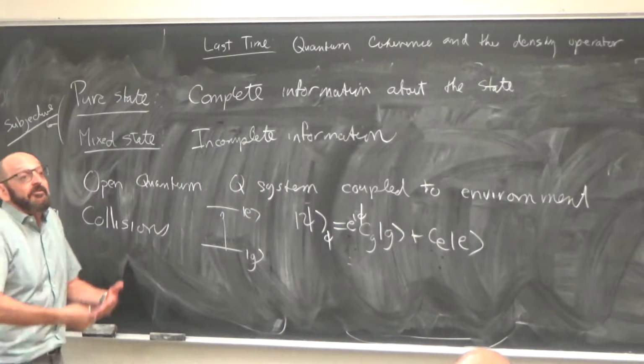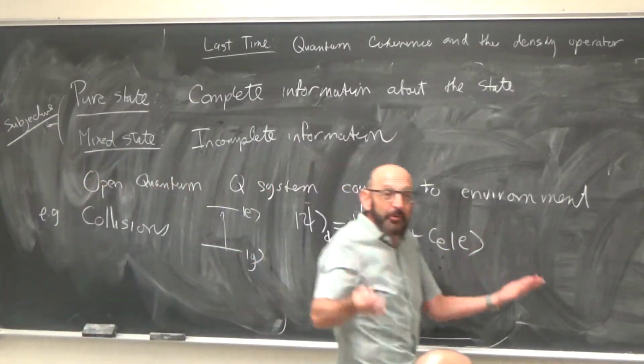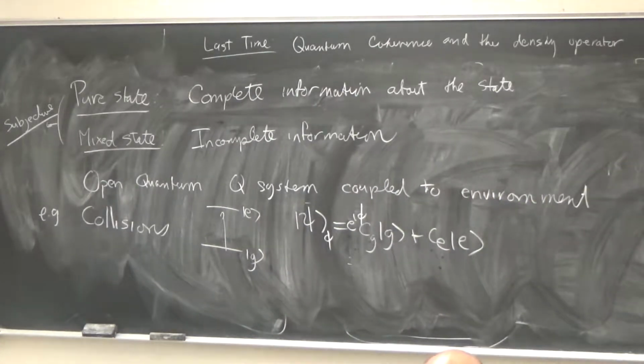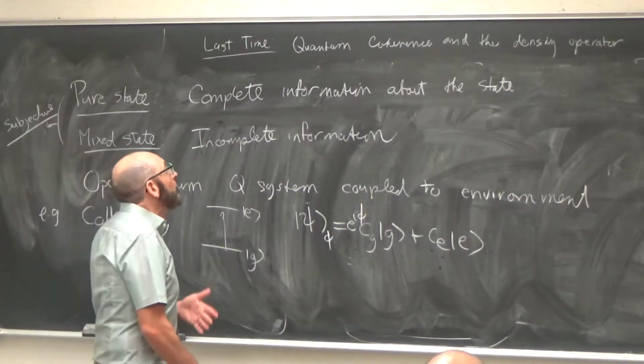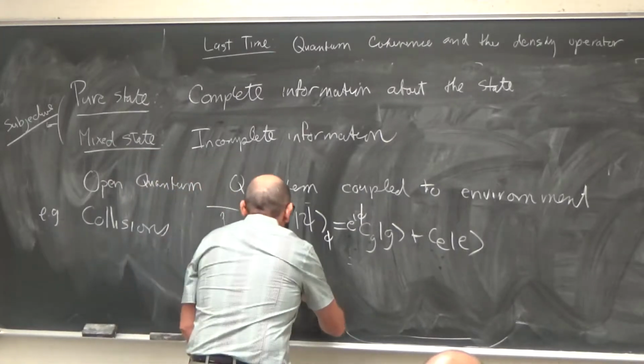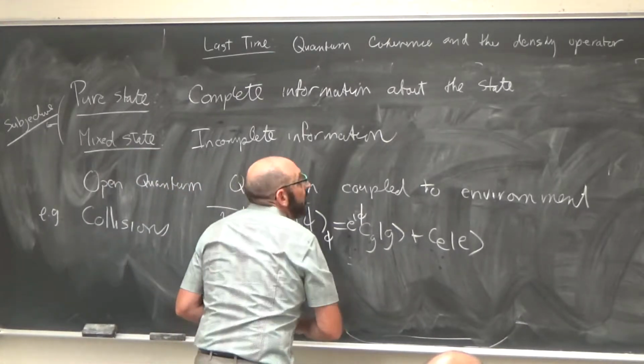But if this is in some kind of thermal gas, and it's getting a random phase at a random time, then the state I would assign to the system would not be this.